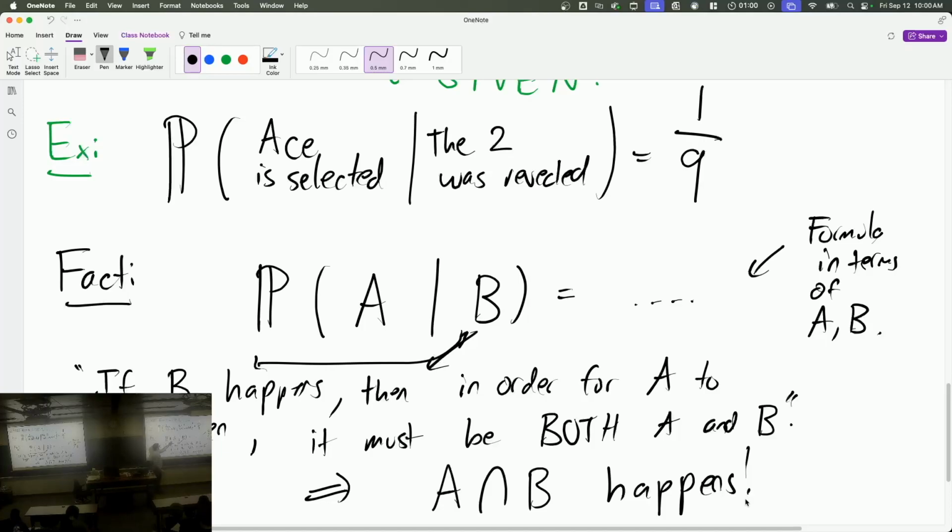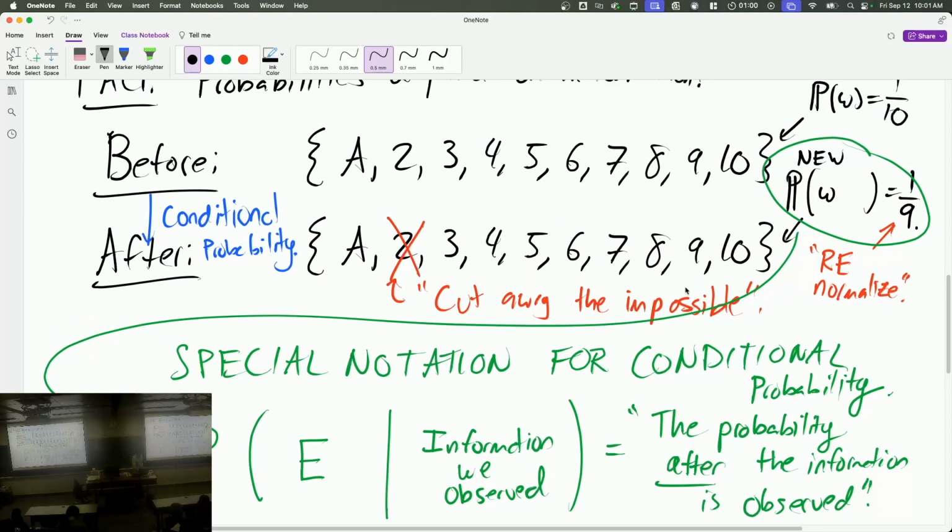And so the probability of A given B is going to be something involving the probability of A intersection B, because both things have to happen. In the case that was given before, the intersection is kind of boring. The ace is the one where you win, and we know it's not the 2.